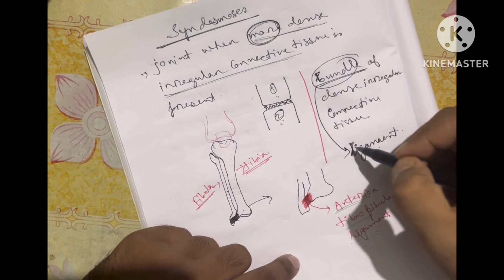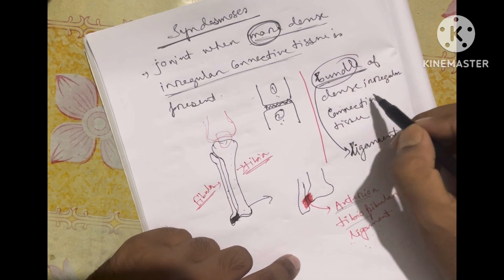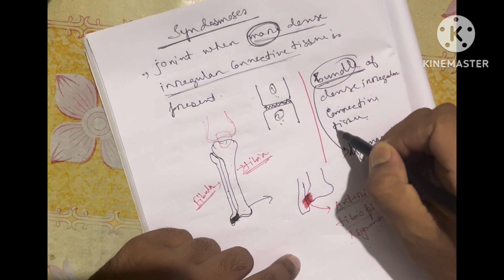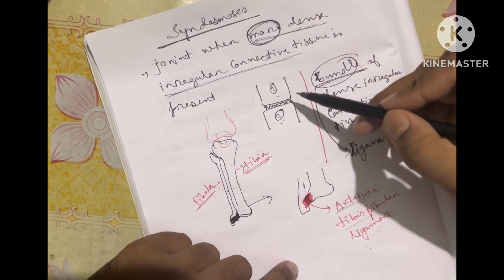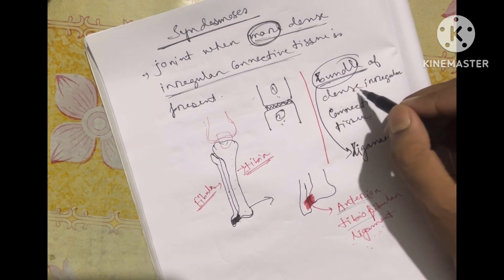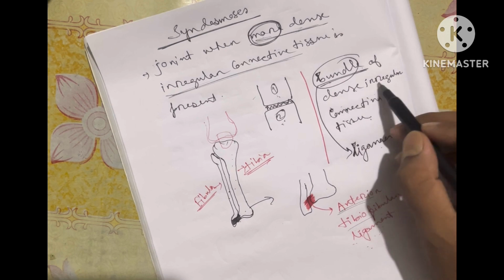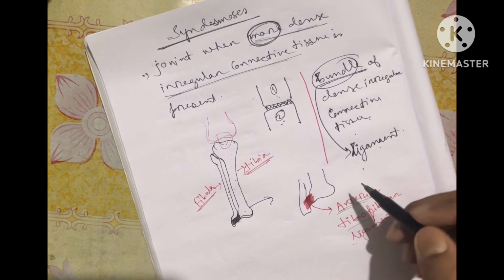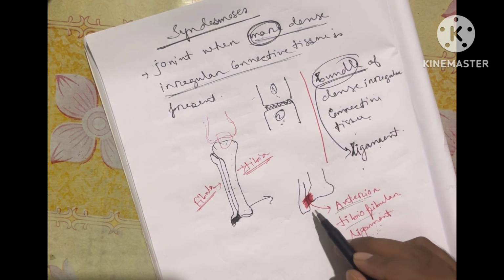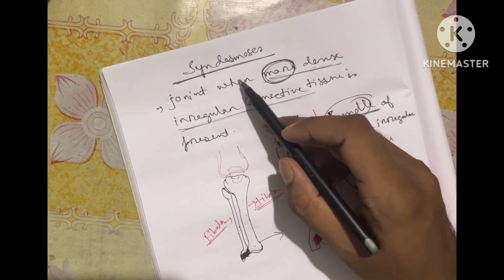Ligament, what is a ligament? It is a bundle of dense irregular connective tissue. It is a fibrous connective tissue because we are discussing fibrous joints. Here, in this kind of fibrous joint, where a bundle of dense irregular connective tissue connects two different bones, it is called a syndesmosis.